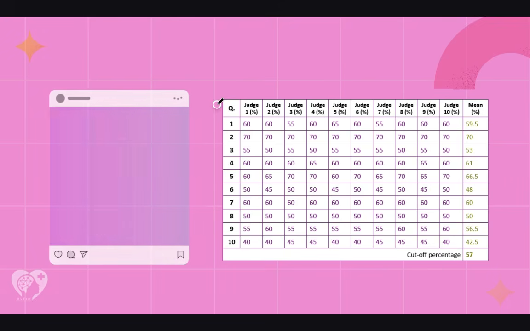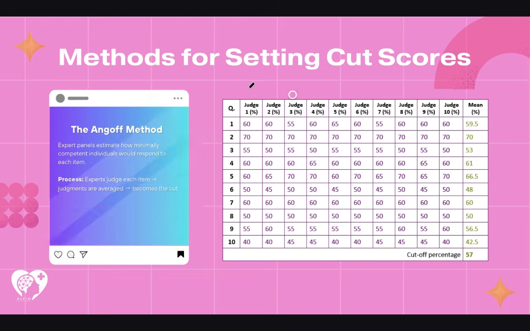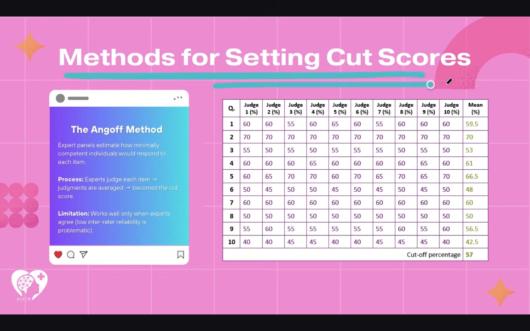Now, what is the Angoff method? It's basically inter-scorer, but you use it not for reliability, although it does affect the reliability coefficient. What happens is, for example, there are 10 judges, and per item each judge gives the minimal score that a person with the required ability can get.